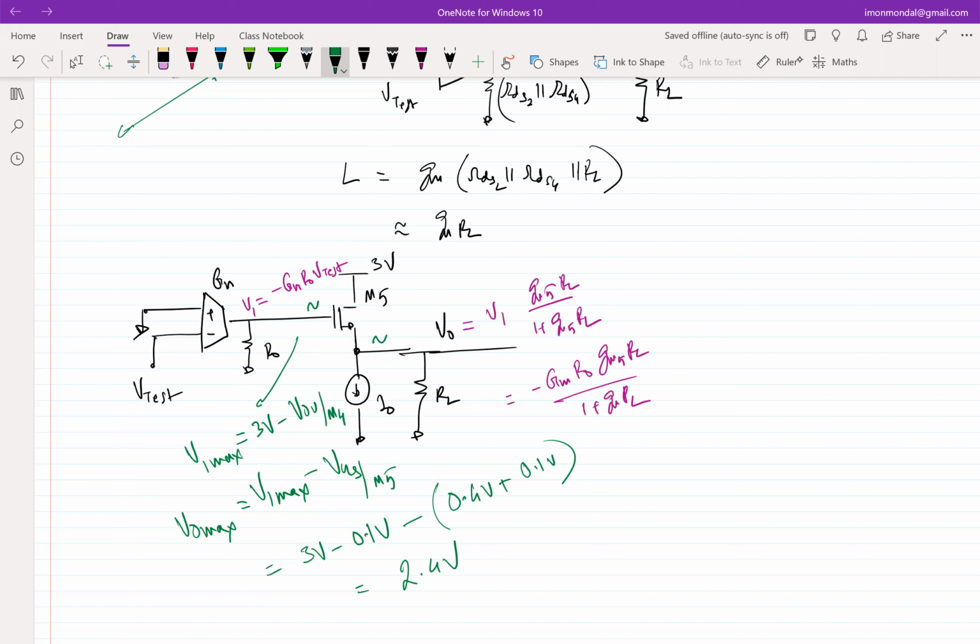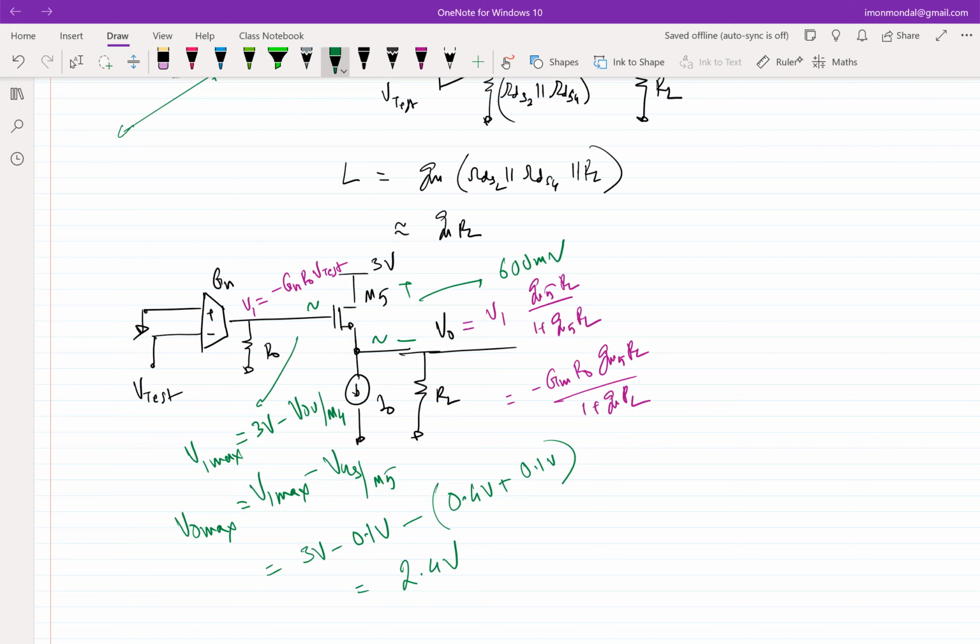Correct? So you are losing about 600 millivolt across the VDS of M5. Does that make sense? Is this obvious or is it not obvious?